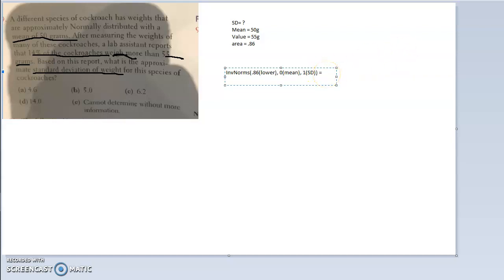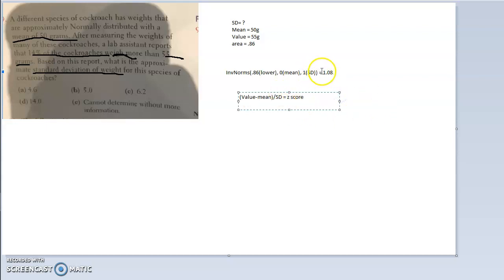That will give you your z-score of 1.08. And then with your z-score, you can go to the other equation, which is the value minus the mean, all over the standard deviation, which is equal to the z-score.